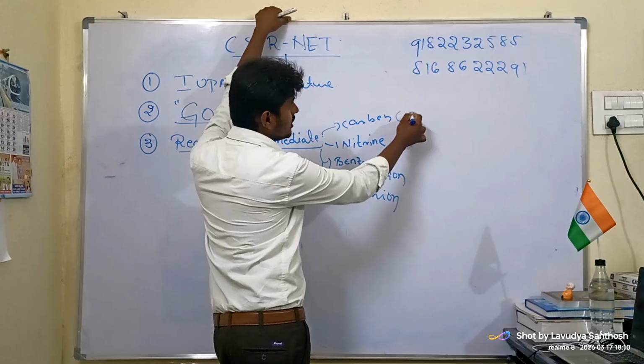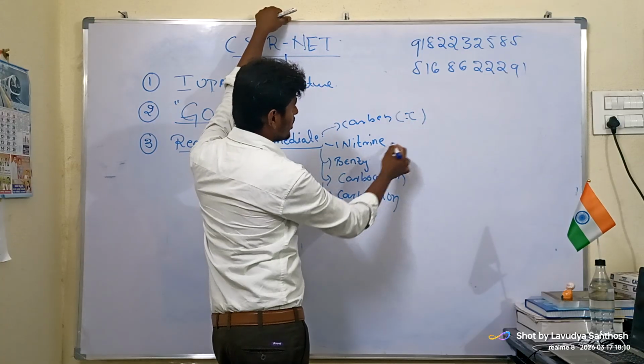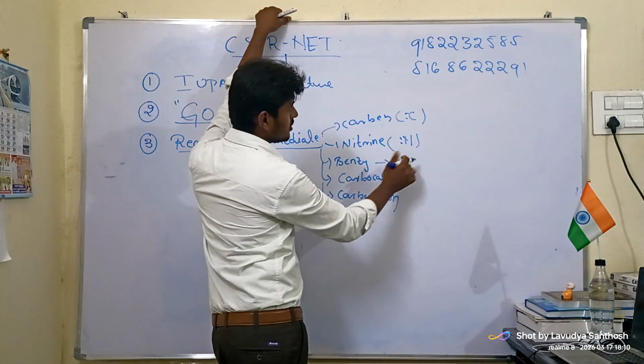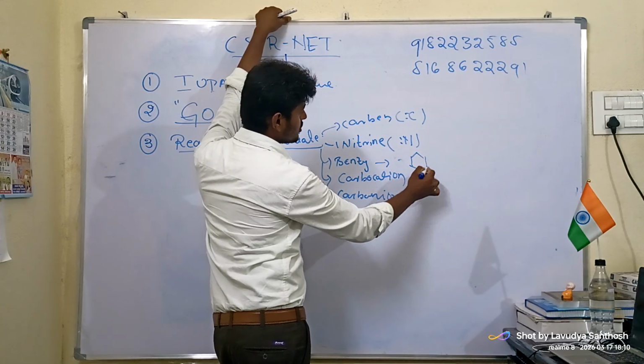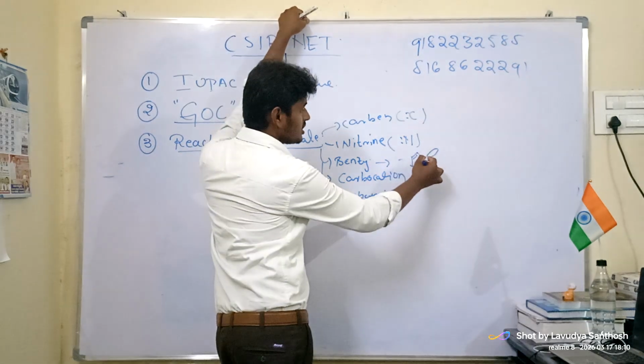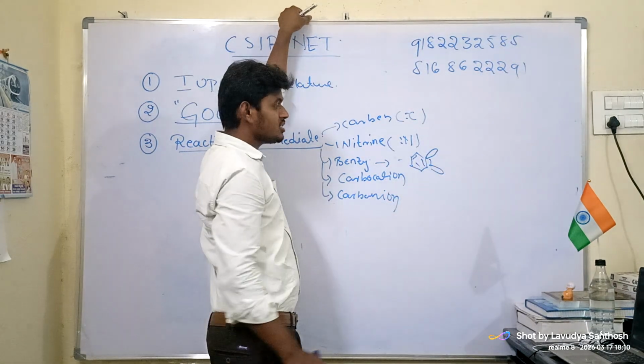Nitrene. Benzyne has a triple bond. This triple bond is imaginary. This is not a real bond.